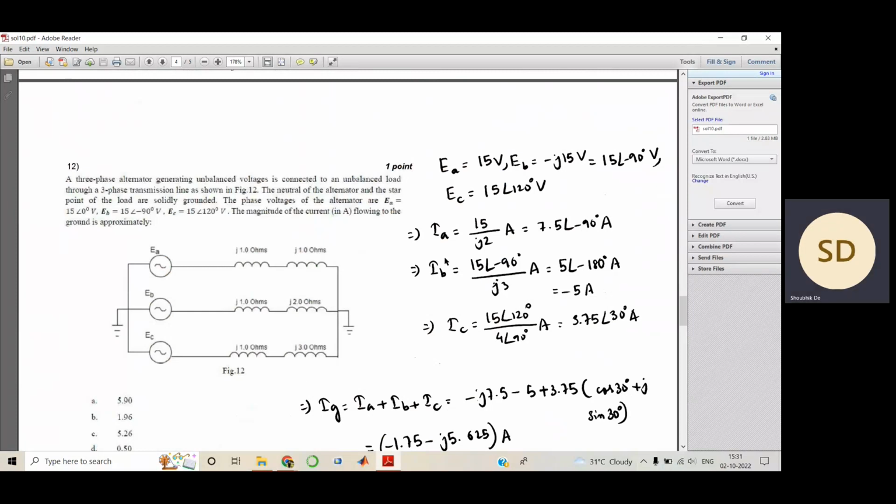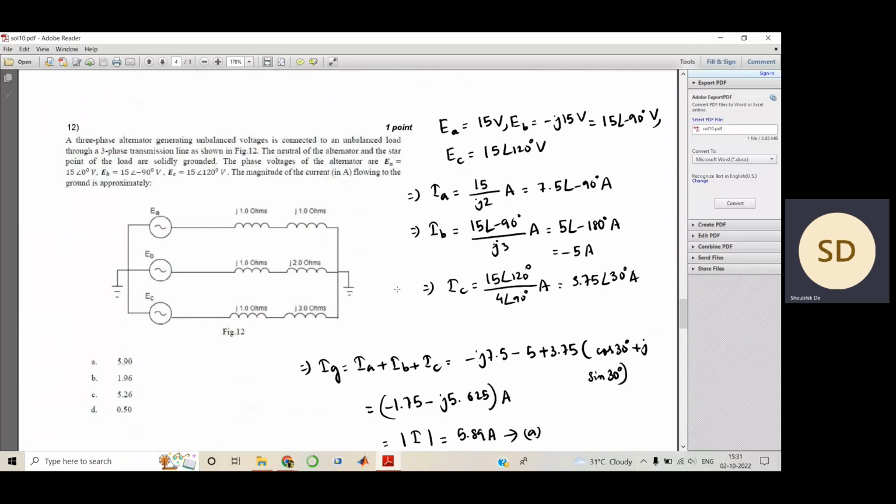Now let us look at question number 12. A three-phase alternator generating unbalanced voltages is connected to an unbalanced load through a three-phase transmission line as shown in figure 12.